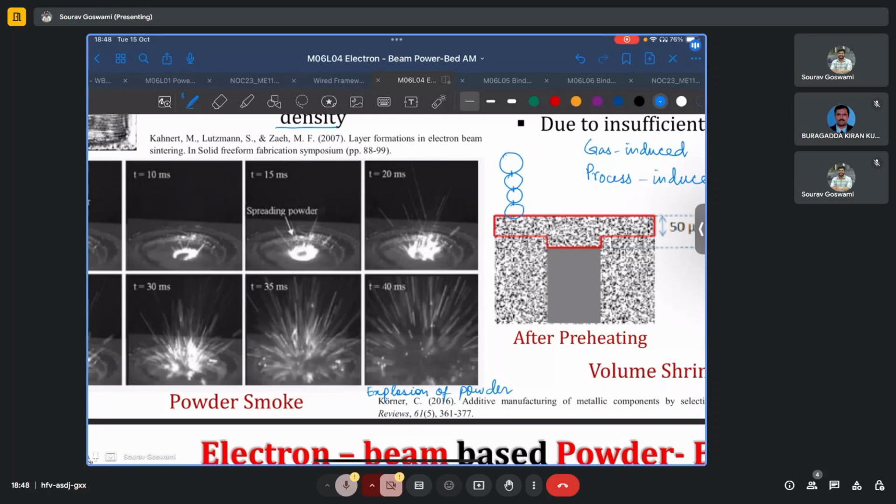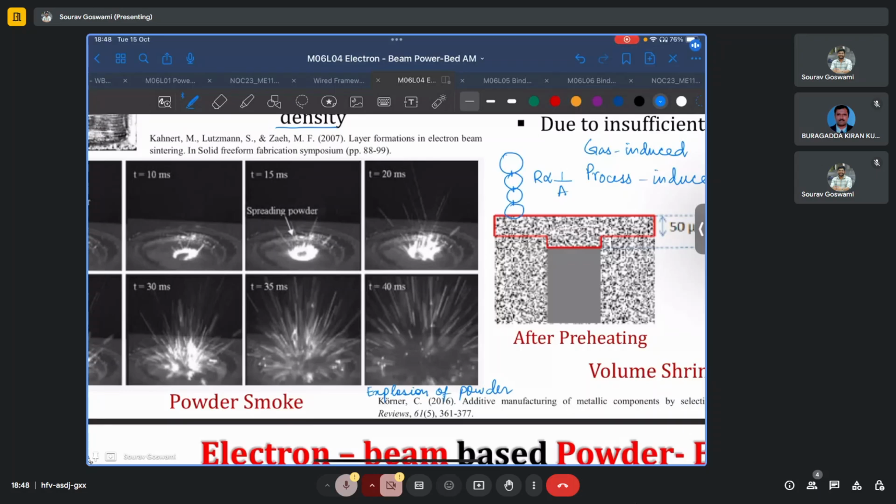And as we know, the resistance is inversely proportional to the area of contact. So if the area of contact is larger, the electric resistance will be low. If the area of contact is smaller, the electric resistance tends to be high. Here, because of the sphere-to-sphere contact or the non-conformal contact, the electrical resistance is high.